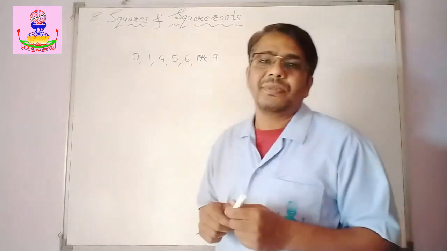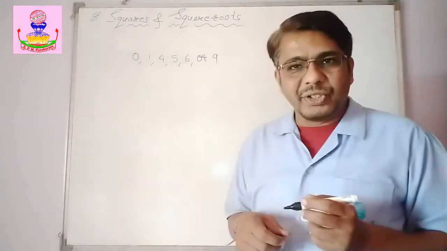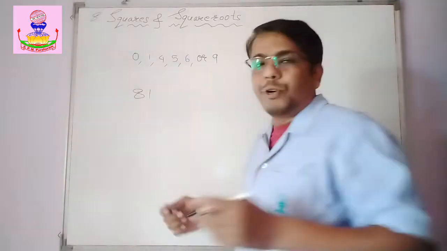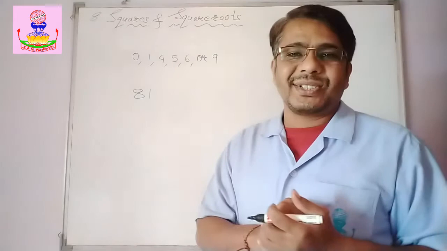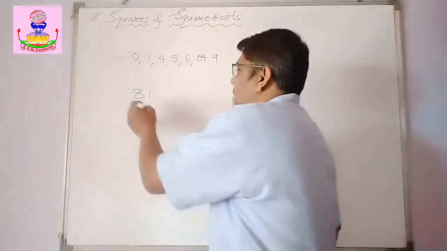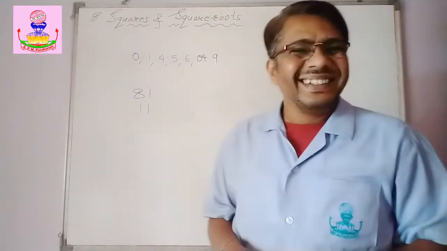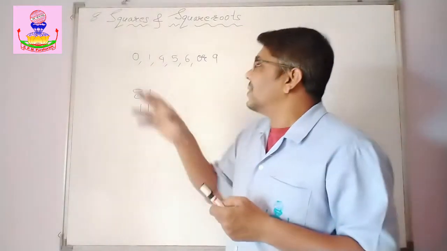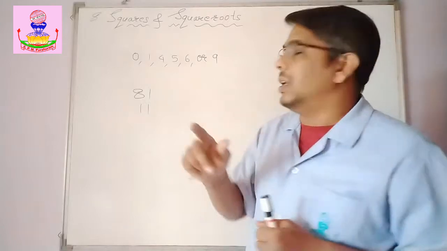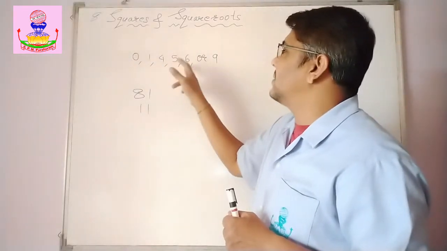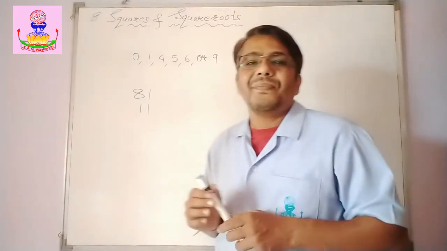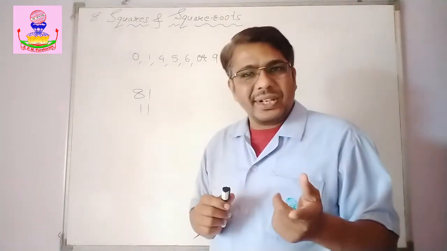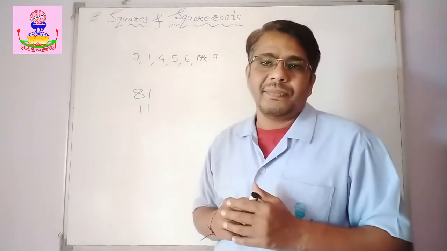Suppose 1 is there in the units place, for example, 81, yes, of course it is a perfect square. But if I say 11, it is not a perfect square. So we say that if in the units place of a number we have 0, 1, 4, 5, 6 or 9, then it may be a perfect square. Do you get it? We are not 100% sure.